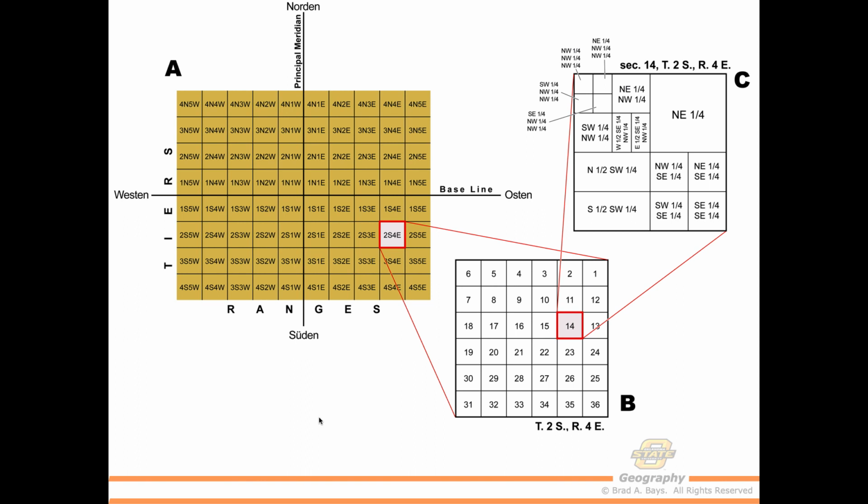Okay, when was the public land survey system established? 1785. When was longitude established? Remember? 1884. 100 years earlier. Okay, so we have the public land survey, which preceded our standard latitude longitude measures by almost a century.